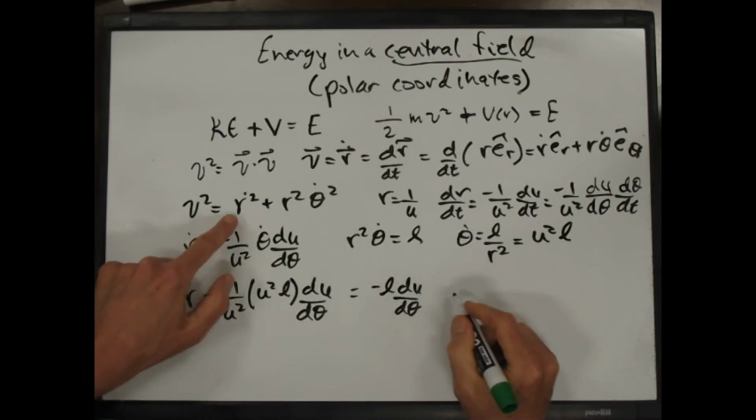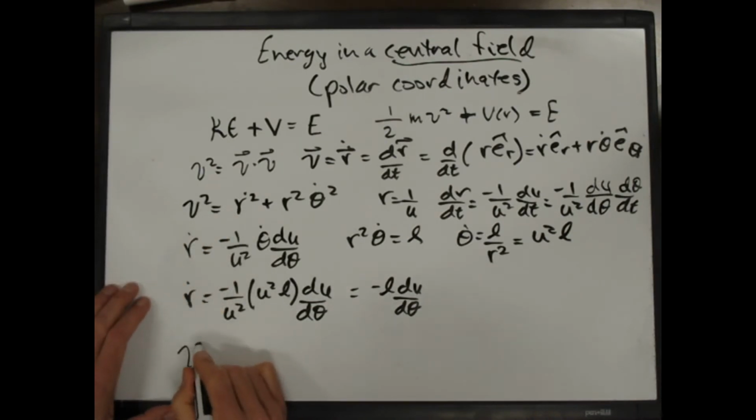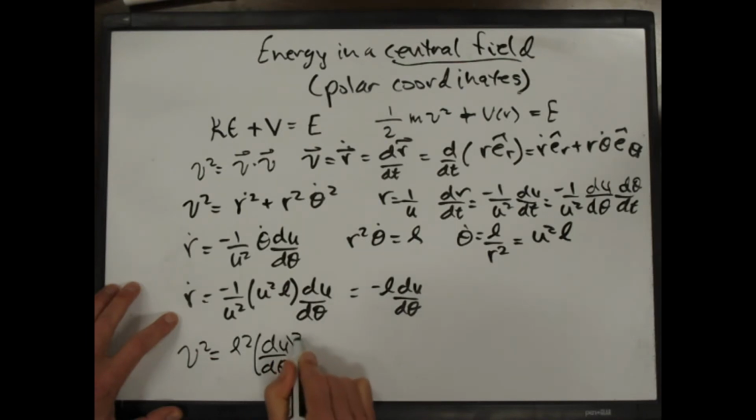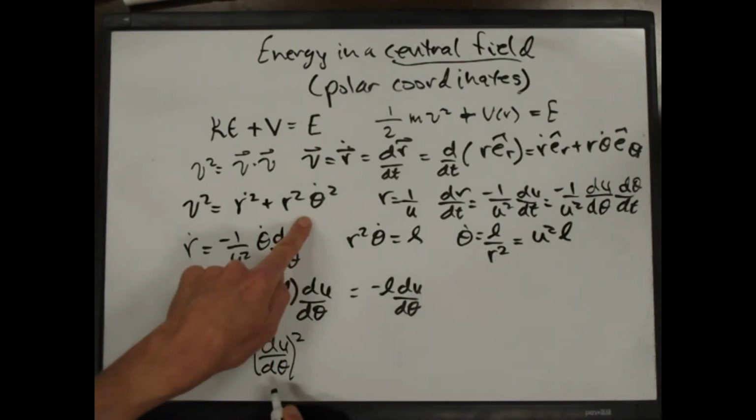And so I can substitute that in here. I can come back and I can say, look, the r dot squared term is equal to this quantity squared, so it's L squared times du d theta squared. And now I want to look at this guy, right?